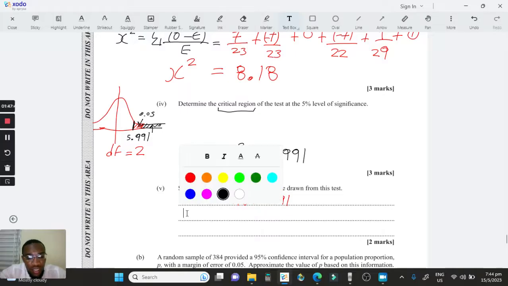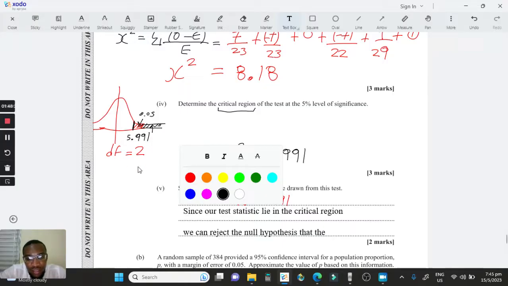So we can tell them since our test statistic lies in the critical region, we can reject the null hypothesis that the leadership style does not affect the workers' satisfaction level.